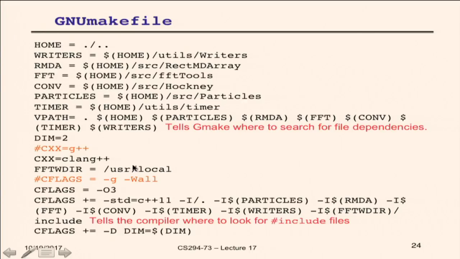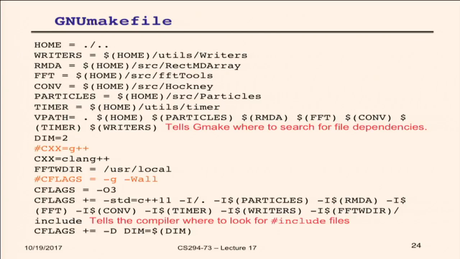FFTW directory, that's where you've put the FFTW software that you downloaded. Now, here are all the flags that will be passed to the C++ compiler when you're compiling. You're using C++11, and you give it all the places where you might have include files. Now, it turns out I could have eliminated this one here, and I probably will in the file that I push out. There are no .h files in your exec directory.